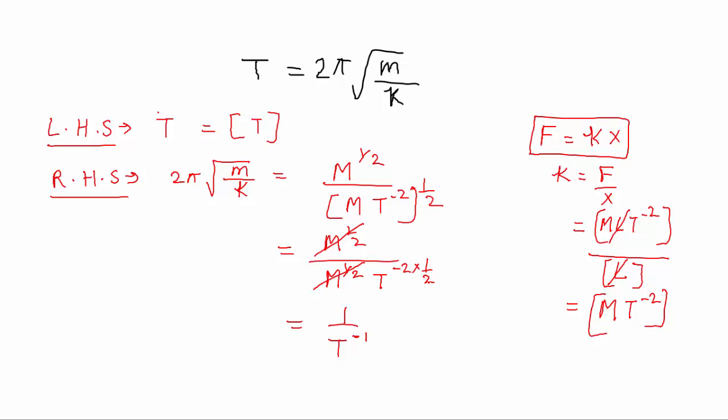When it goes on top, the power would be positive, so we would get T. You can see the left hand side and right hand side are equal, so the dimensions of both sides are equal. This equation is dimensionally homogeneous or dimensionally correct.